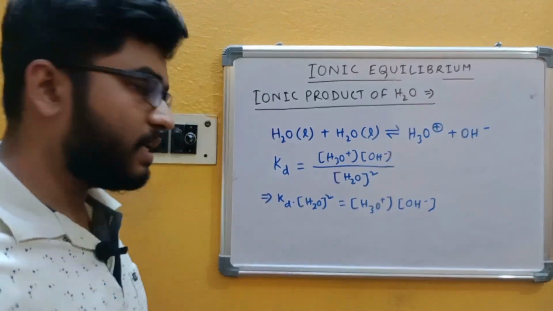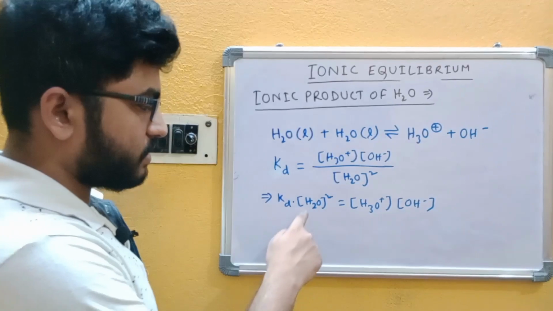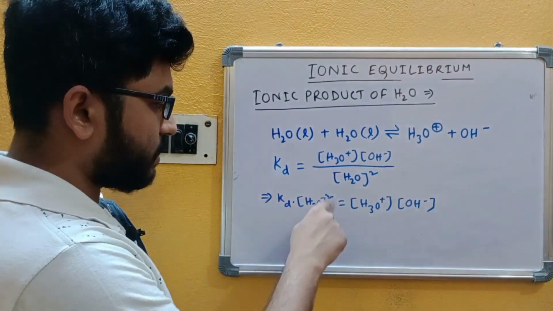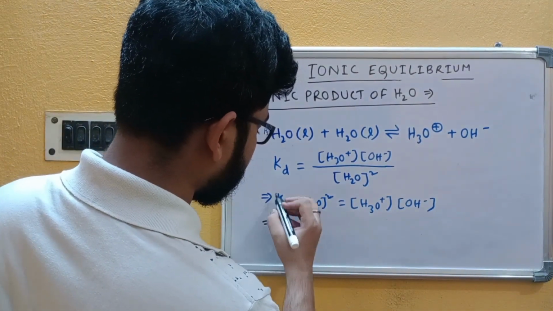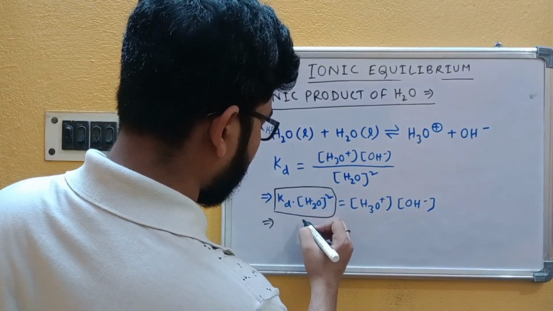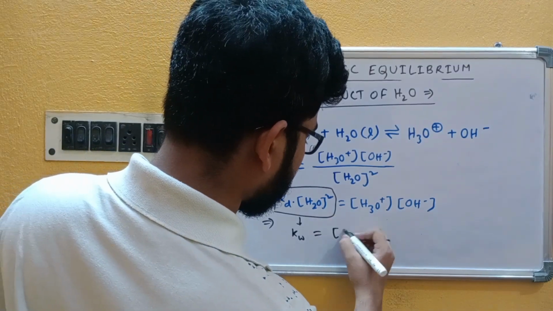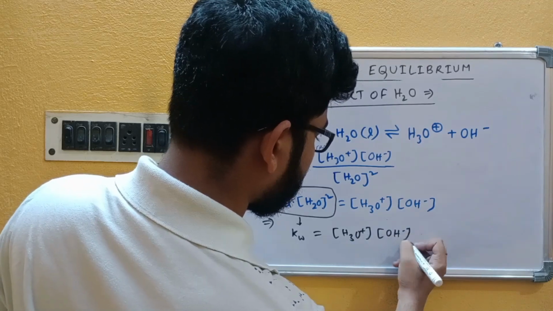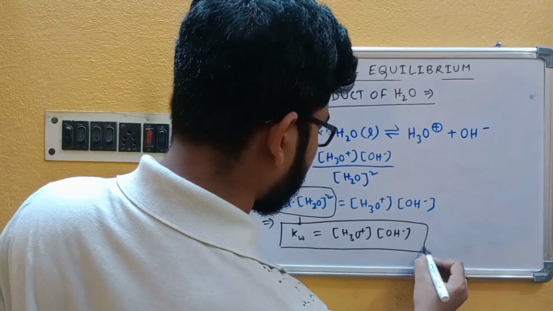Now as we mentioned earlier, the active mass of H2O will be unity because this is in pure liquid state. So this whole term is constant, and we write this whole term as Kw is equal to the concentration of H3O+ into the concentration of OH-. This is called the ionic product of water.